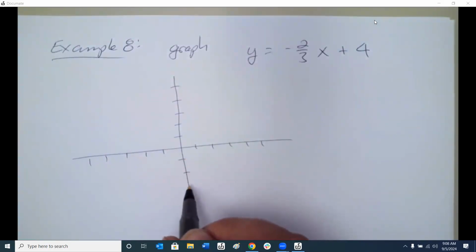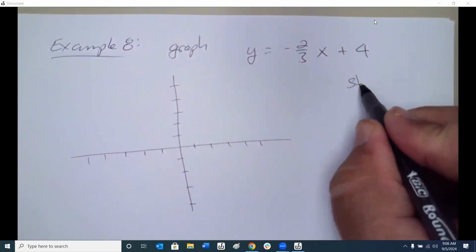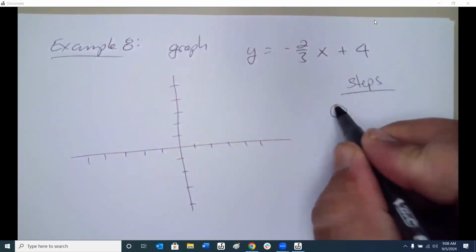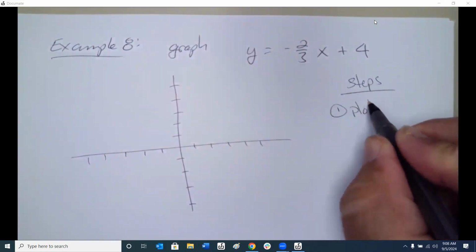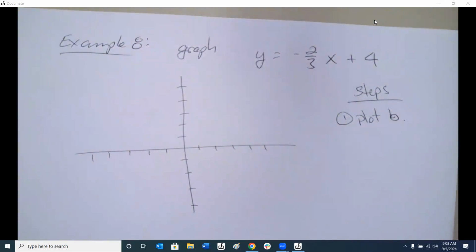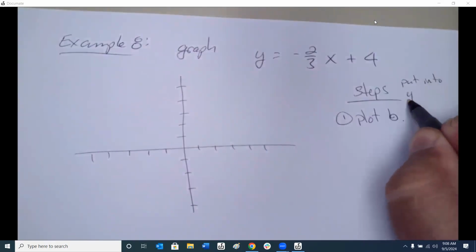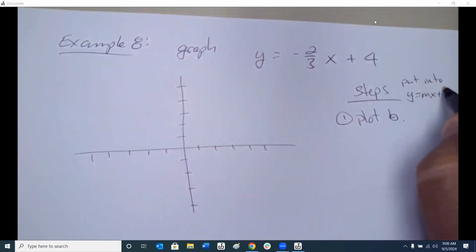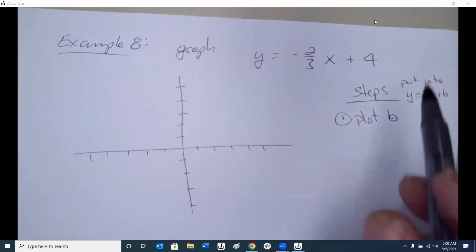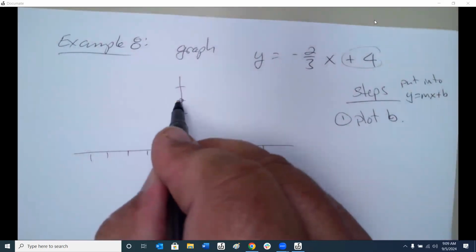Yep. Here's your steps. Actually, the first step is put it into y equals mx plus b. Then plot b, which is 4. 1, 2, 3, 4. It's the y-intercept.